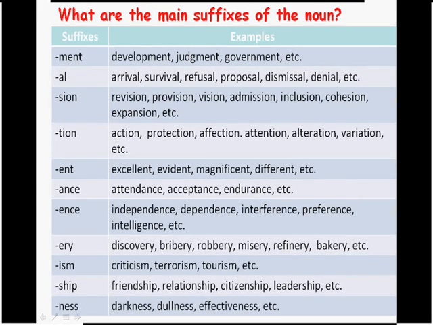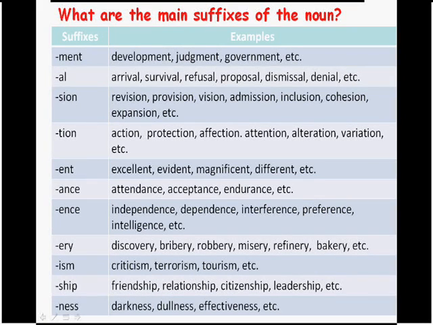Then I have the suffix ship, and the examples we have are friendship, relationship, citizenship, leadership. Then the last suffix we're going to look at today is ness, N-E-S-S, like darkness, dullness, effectiveness.